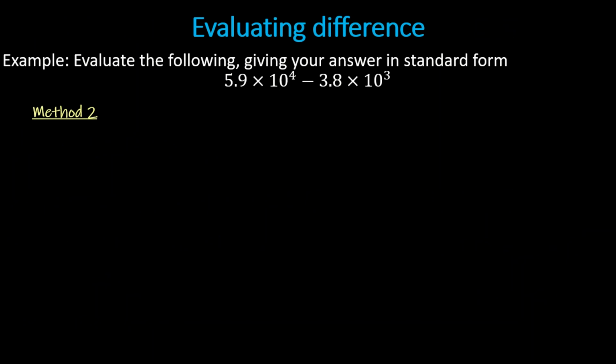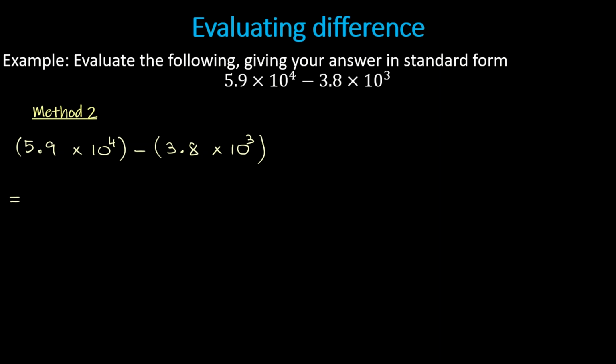Okay, now the same question using factorization, right? So we have 5.9 times 10 to the power of 4 minus 3.8 times 10 to the power of 3, right? We have to spot the common factor.